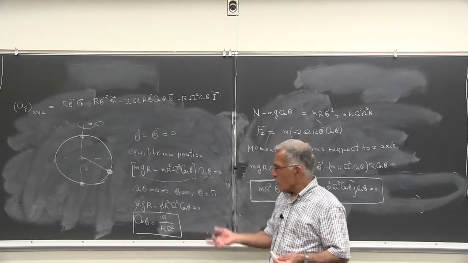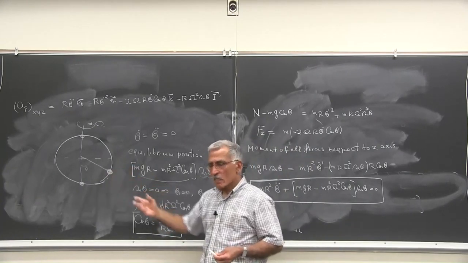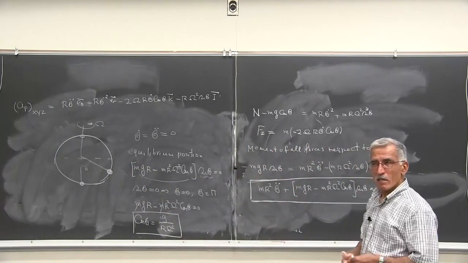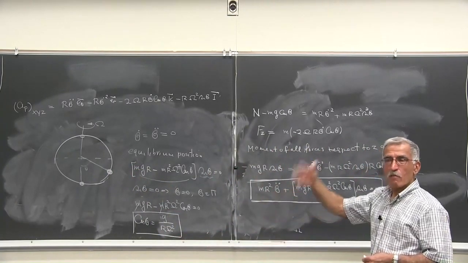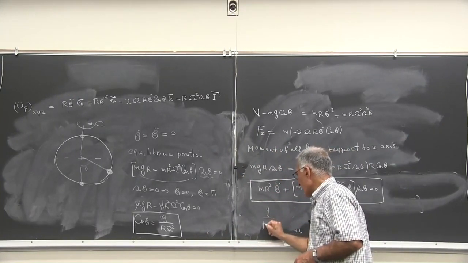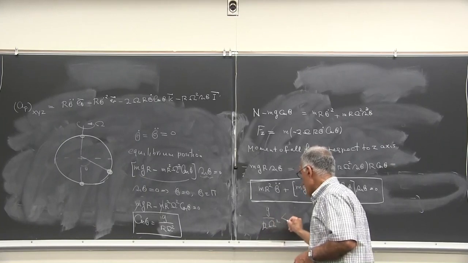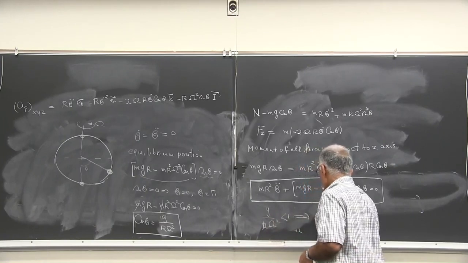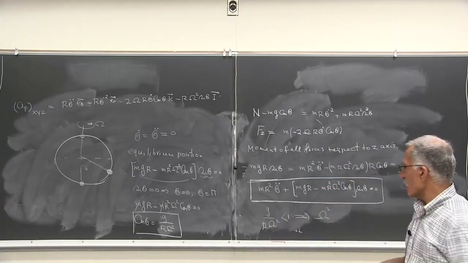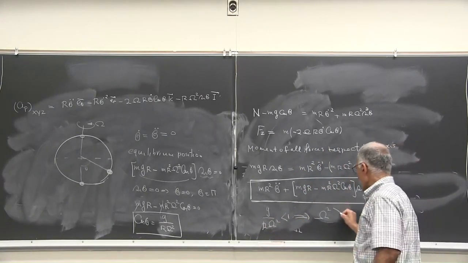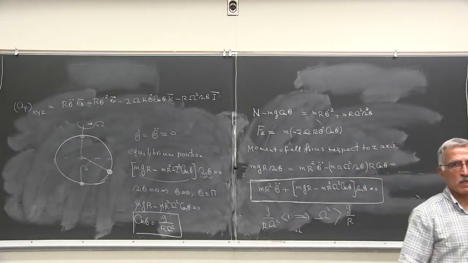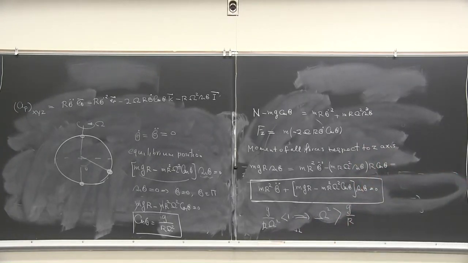You cannot have this situation if omega is less. So g over r omega square must be less than 1, or the speed of your rotation, in order to have another angle other than 90 degree, omega has to be greater than the square root of g over r.